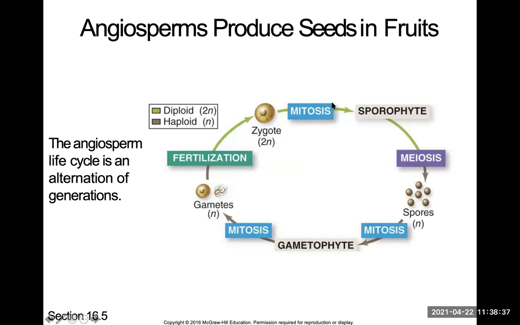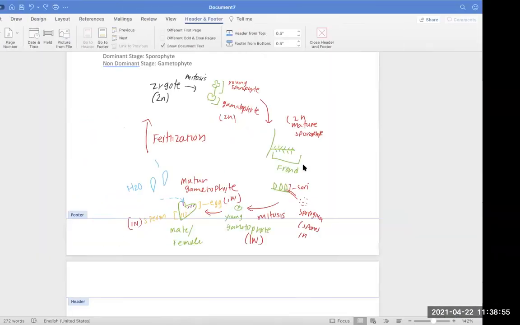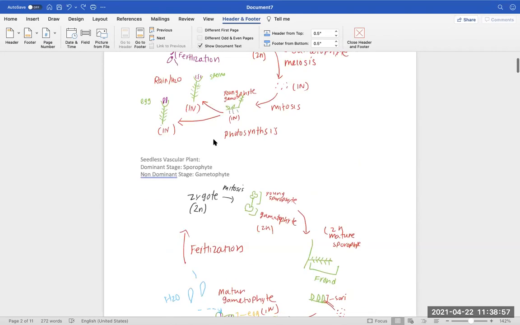So again, this is the generalized cycle that also applies to the angiosperms. So let me show you what I want you guys to know. First thing I want you to know is that the sporophyte is the stage that's going to be making the flower. And that's also the dominant stage. I think I forgot to write the dominant stage for the gymnosperms.